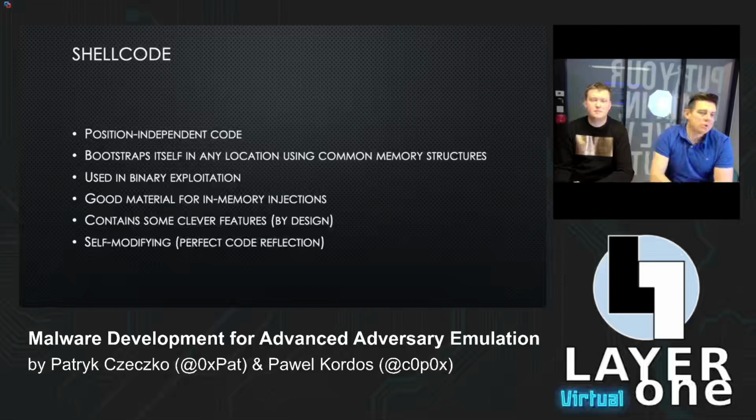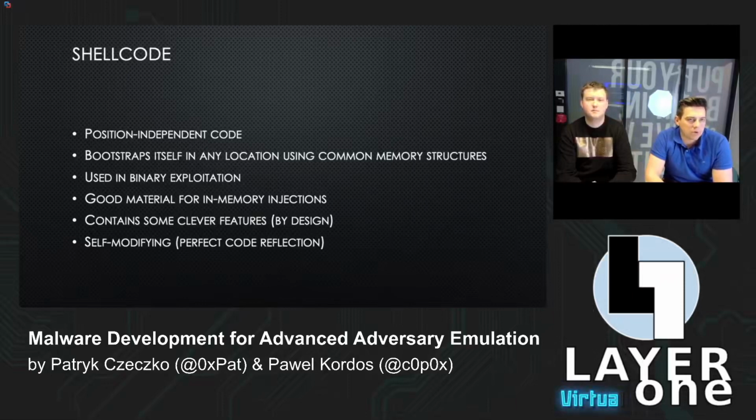And also about the shellcode, because usually we transform our C program into some form of shellcode to be executed by injection, for example, from this VBA macro or from an HTA document or wherever else. So what's this shellcode actually?